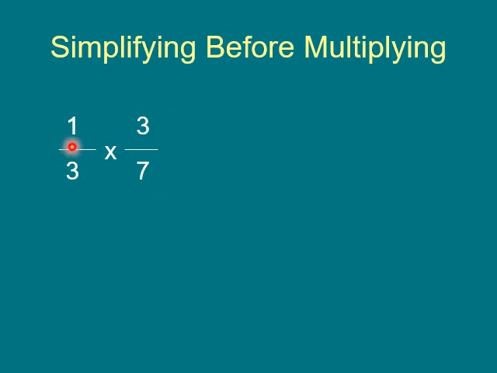You can see, isang denominator at isang numerator is equal to a common factor. So, cancel natin sila. So, magiging 1/1 multiplied by 1/7 and the answer will be 1/7. So, ganyan lang kadali mag-simplify before multiplying.